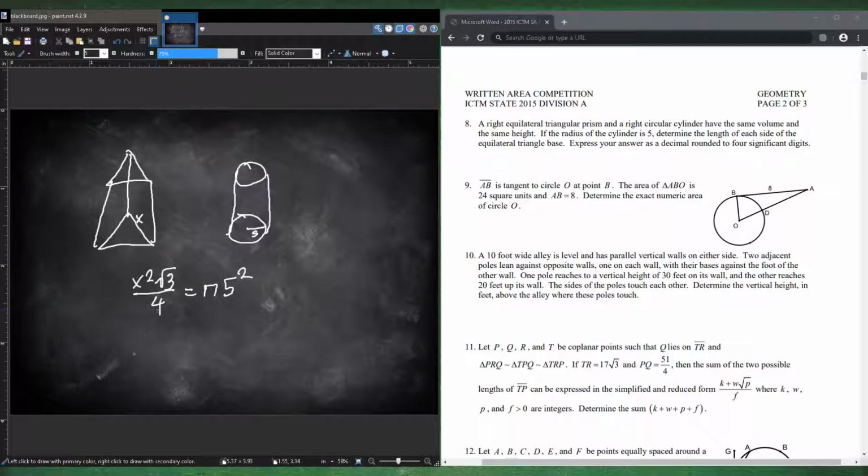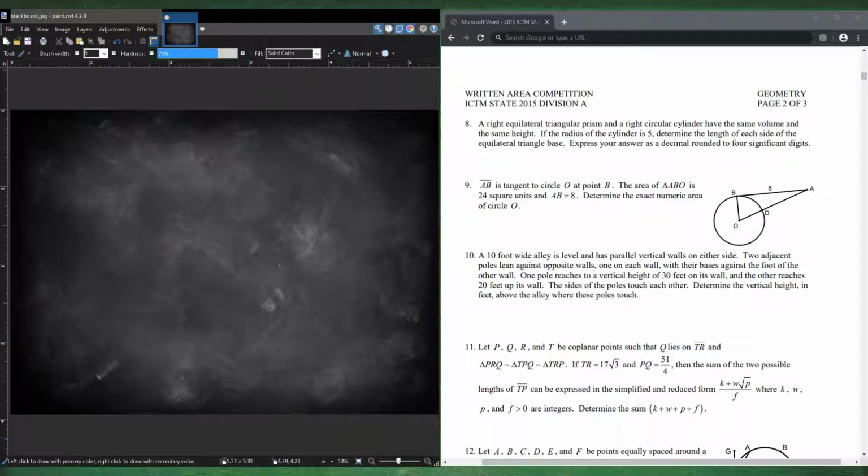So just use your calculator. So 5 squared is 25 times pi times 4 divided by square root 3 and then square root that to get our x. So x is equal to 13. So we had to get to 4 significant figures, so 13.47. And that is your answer for number 8.